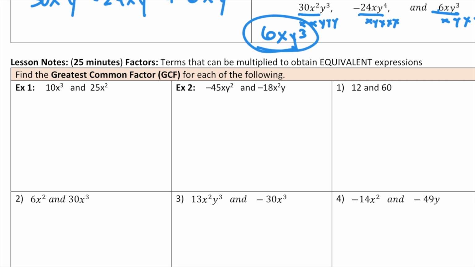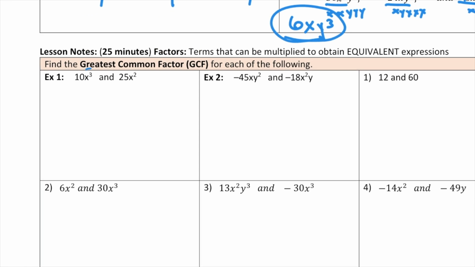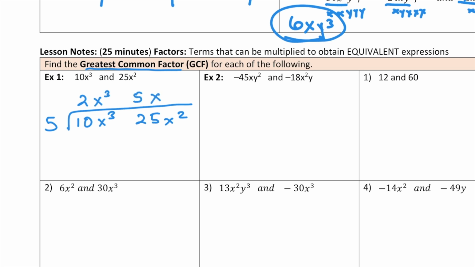So we're going to look at example 1. Find the greatest common factor for each of the following. Start by thinking about 10 and 25. So we have 10x to the third, 25x squared. The number that they can divide into both is a 5. Now what do we have left over? 2x to the third and a 5x squared.